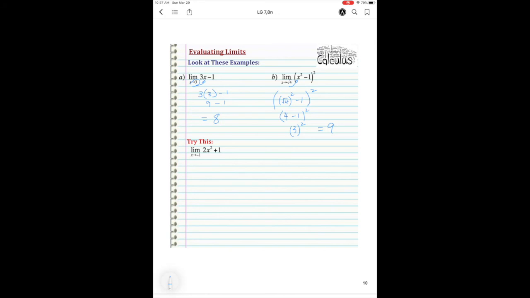Okay, the limit as x is approaching the square root of 4, or we could say 2, of this function, the limit is 9. Okay, so you guys pause and try that one, and I'll put the answer on. So hopefully you got 3.